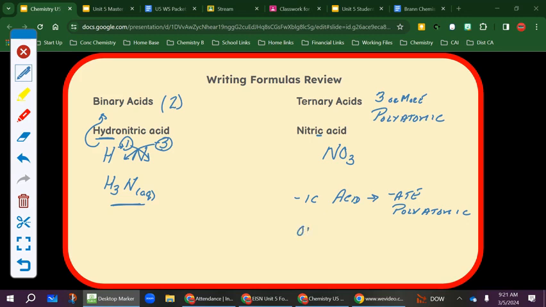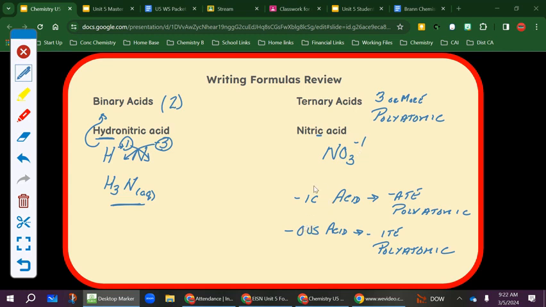OUS. And an OUS acid comes from an ITE polyatomic. Okay? It comes from an ITE polyatomic. So, nitric comes from nitrate. Nitrate has a charge of -1.